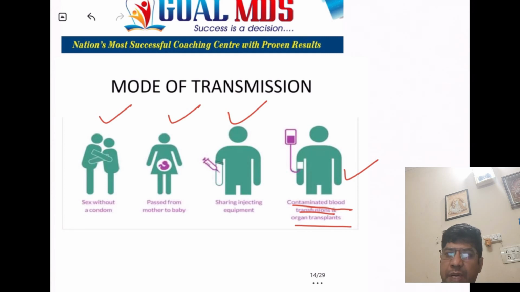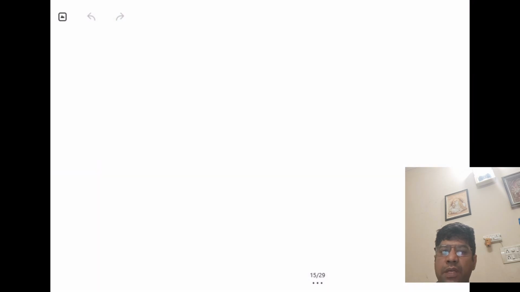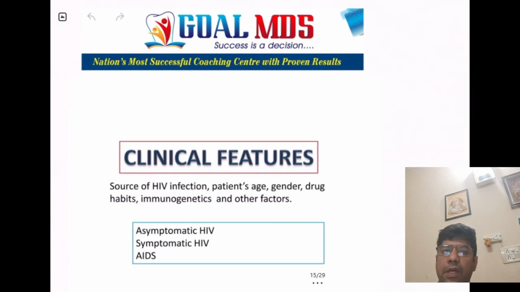It can also spread from a person who already has HIV. The most common ways of transmission include unprotected sexual contact, sharing needles for drug use, and from mother to children during childbirth or breastfeeding.